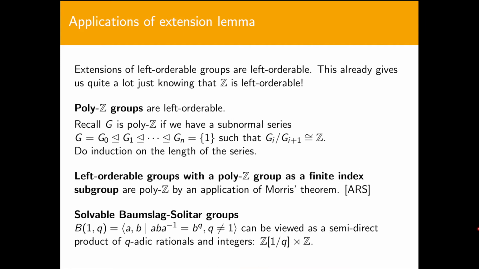So extensions of left-orderable groups are left-orderable. This already gives us quite a lot, just knowing that Z is left-orderable. So what I mean by that is that now we have that poly-Z groups are left-orderable.